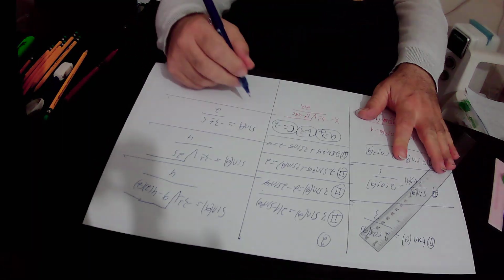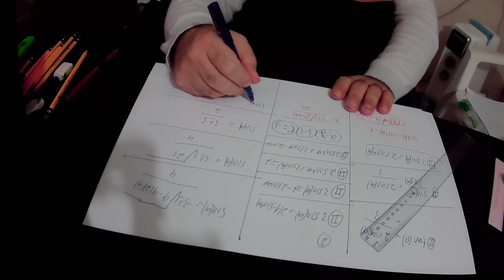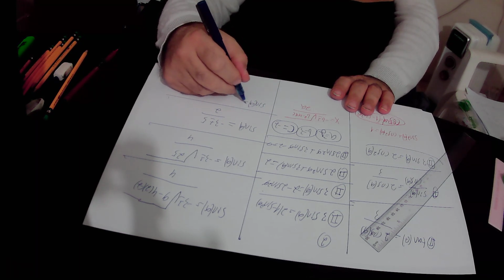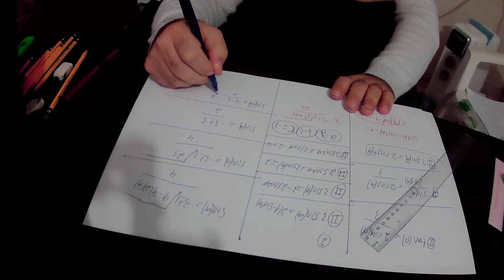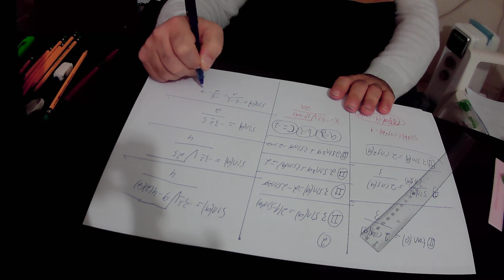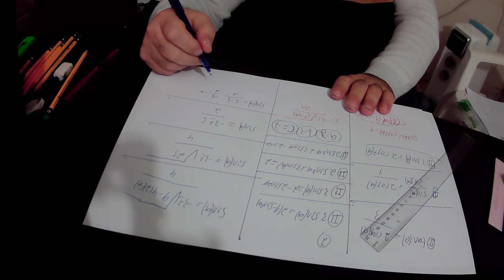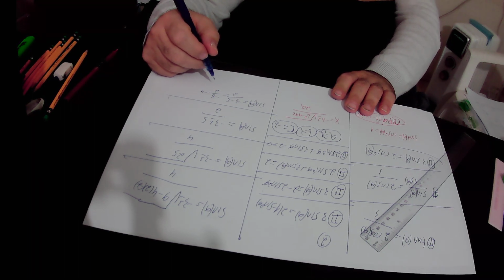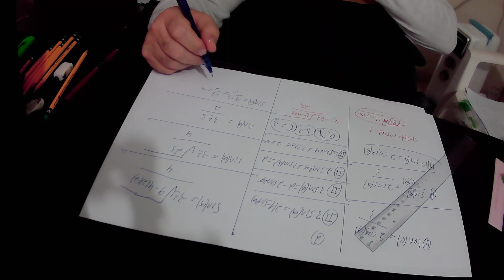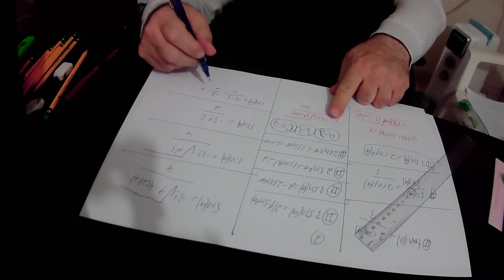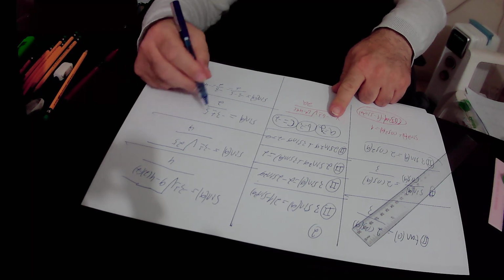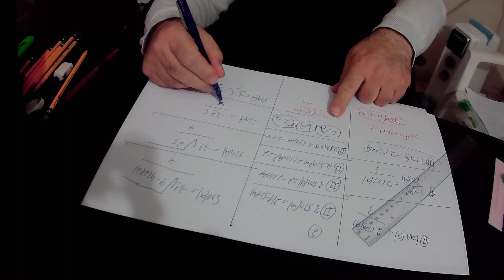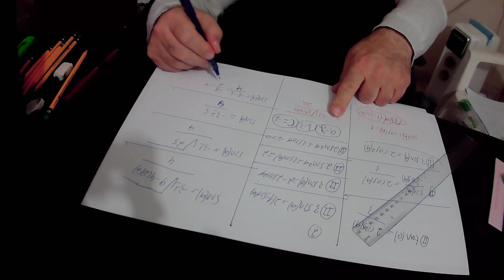Sinus alpha will be equal to either minus 3 minus 5 over 2, minus 3 minus 5 is minus 8, and actually we have to divide by 4, since 2a is 4.